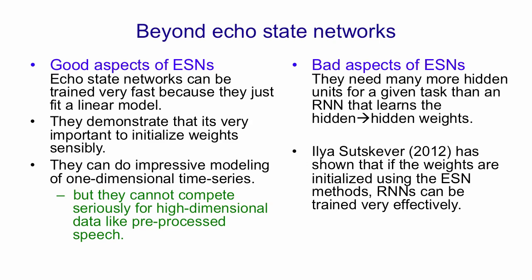But then presumably you could learn even better if you also learned to make the hidden to hidden weights better. So Ilya tried using the echo state network initializations, but then training with backpropagation through time. He used RMS prop with momentum, and he discovered that that is actually a very effective way to train recurrent neural networks.